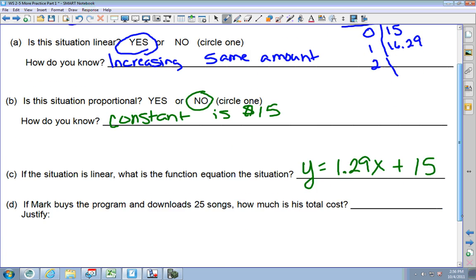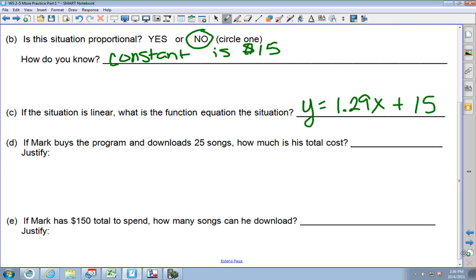Now, it says if Mark buys the program and downloads 25 songs, 25 goes here. So you would be taking $1.29 times 25 plus 15 to get your answer.